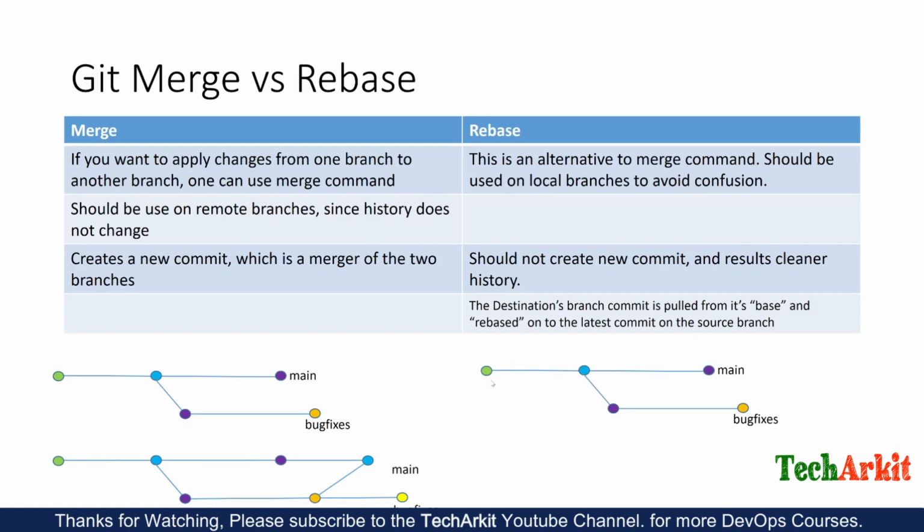But in rebase, what happens if you have a similar structure, like you have the main branch and you have a bug fixes branch created, but when you do the rebase, what happens? It cleans up the history, right? The branch commit is pulled from its base and rebased on the latest commit.